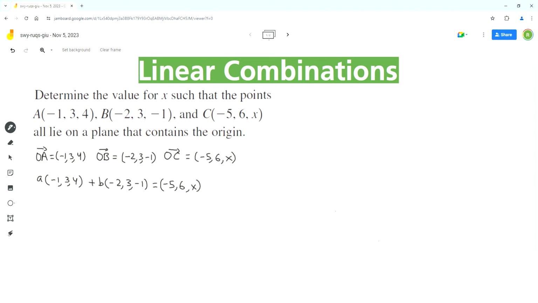so we have to solve this vector equation. So we'll have to use scalar multiplication. So we'll multiply the first vector by a. So we'll multiply each component by a. And we'll multiply the second vector by b.